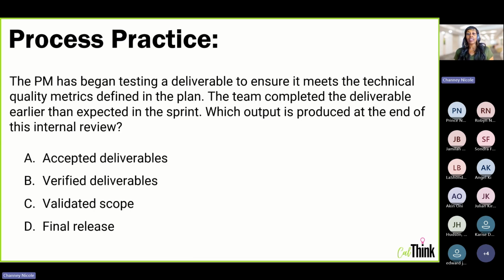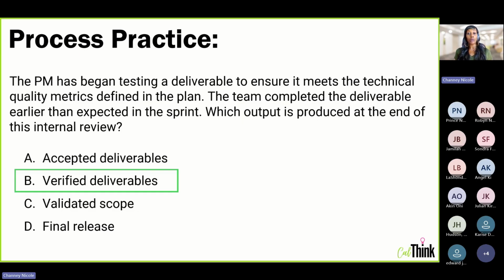All right, last one. If you guessed verified deliverables on this question, great job. The reason is the PM has begun testing a deliverable to ensure it meets the technical quality metrics defined in the plan. So this is telling us that the deliverable has been created. Now they're in control quality where they're doing the testing and making sure that these deliverables actually meet the quality standards on our project.